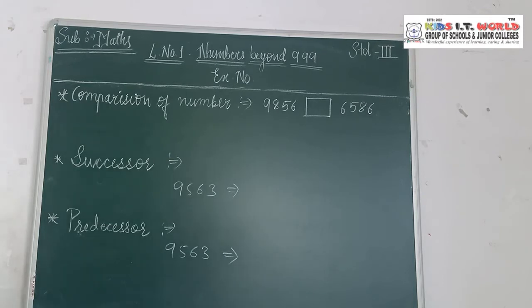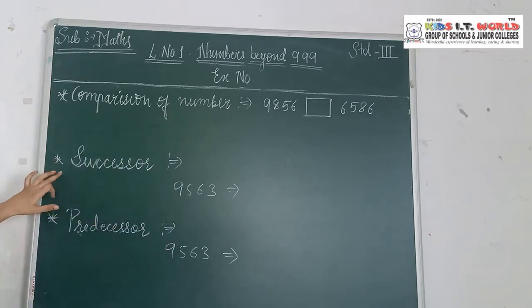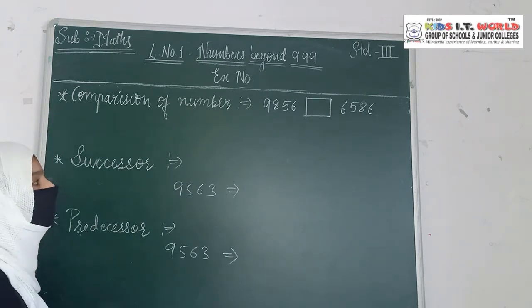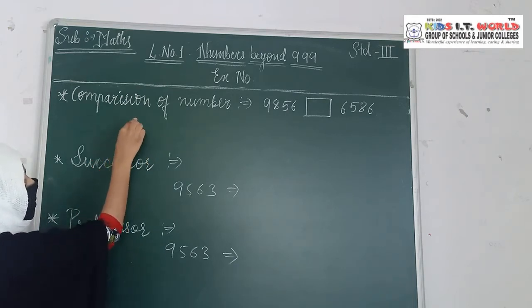Now, coming to the next exercise, we will discuss this topic. Here, the topic is comparison of numbers, then successor and predecessor. Comparison of numbers means you have to guess whether a number is greater than or less than. So for greater than, we have a sign.